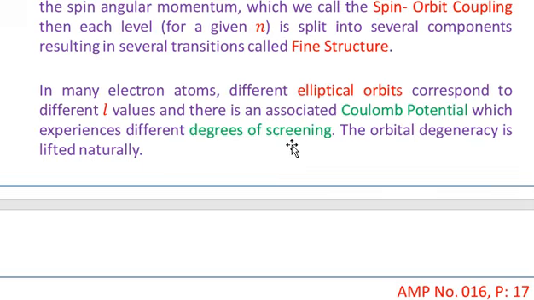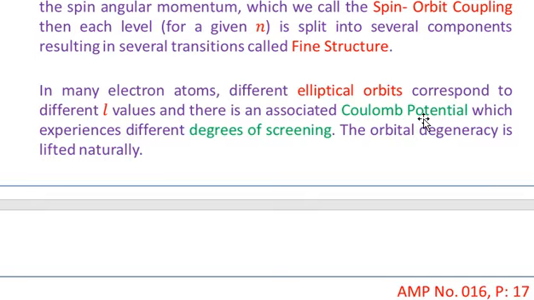So the energy of the electrons depends on two quantum numbers: one is the principal quantum number n, and the other is the orbital quantum number L. That's why we say that the orbital degeneracy is lifted. So there will be a splitting of states.